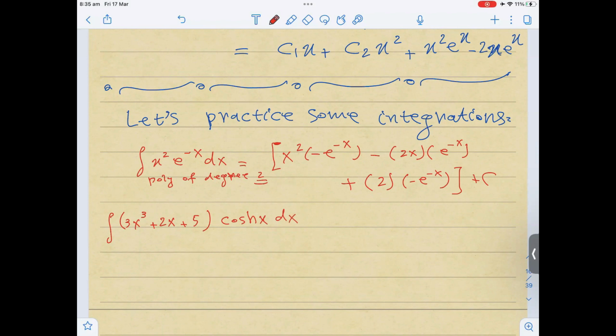What's the integral of cosh x? Sinh, the hyperbolic sine. So the derivative of order 0 of the first polynomial is 3x cubed plus 2x plus 5, and the integral of cosh is sinh.